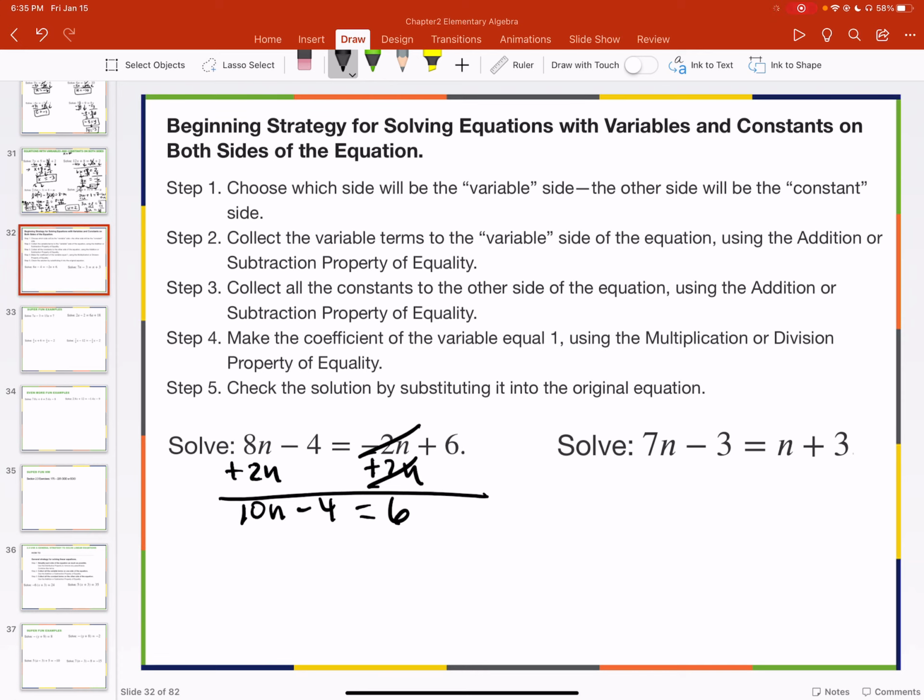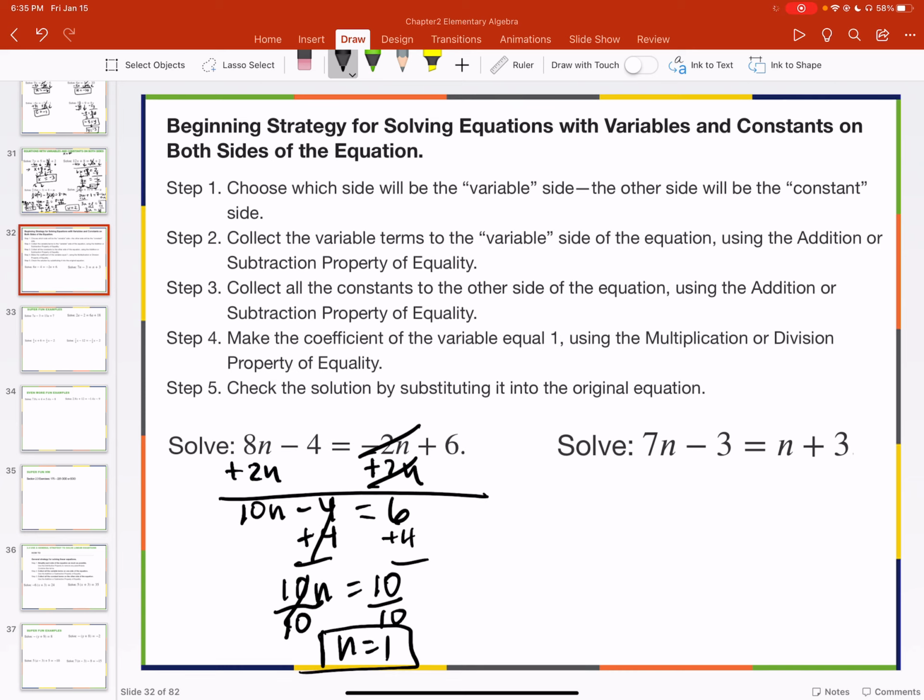So to isolate the variable, I'm going to get rid of the constant term by adding 4 to both sides. So 10n is equal to 6 plus 4, which is 10. Then divide both sides by 10, I get n is equal to 1. So there you go.